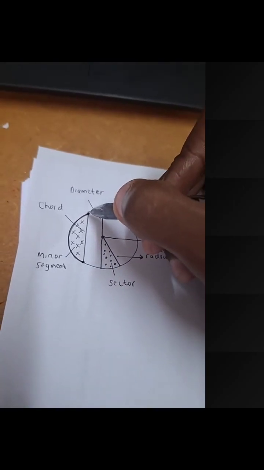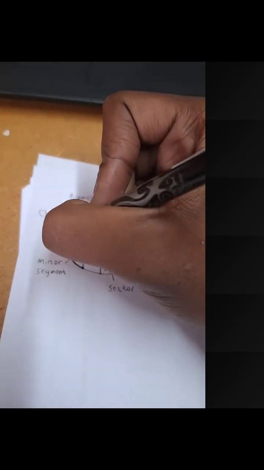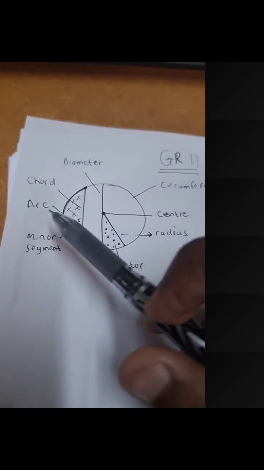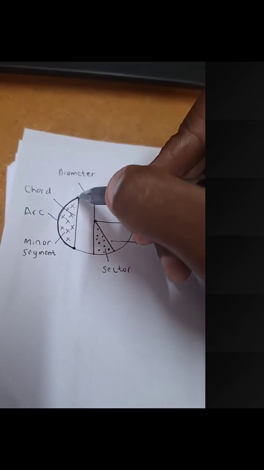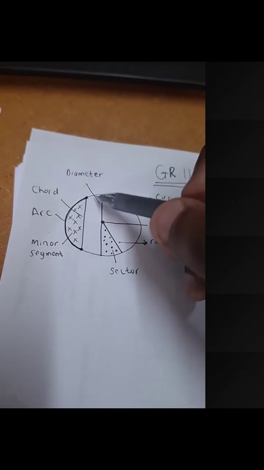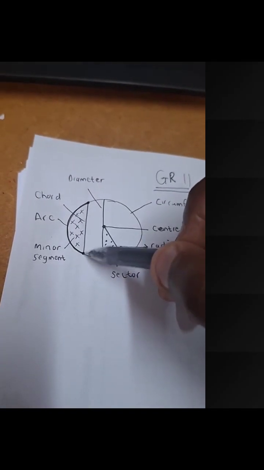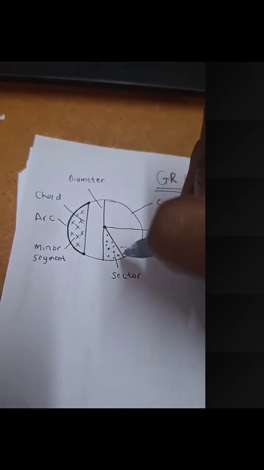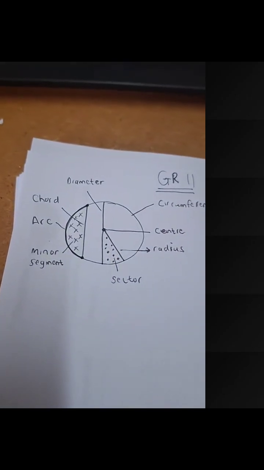But if I take a section of the circumference, we call this an arc, A-R-C. It's a section of the circumference. So this would be an arc from here all the way to there. From here all the way back to here, that would also be an arc.